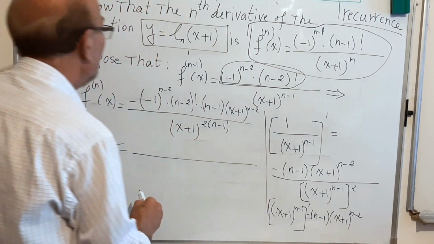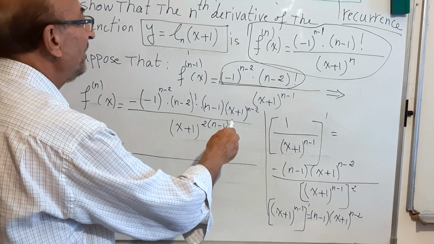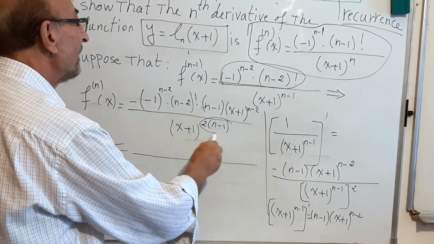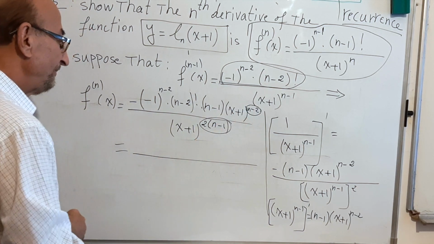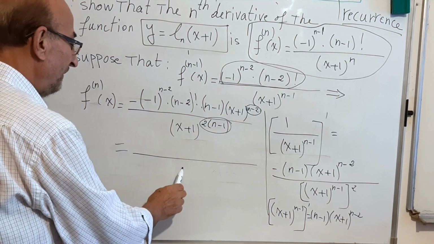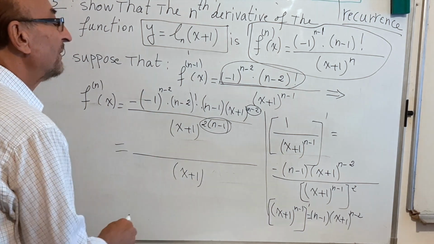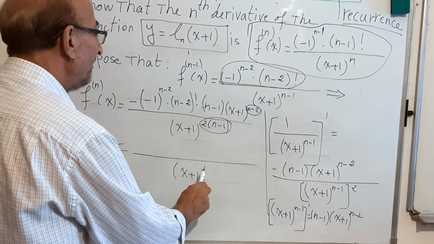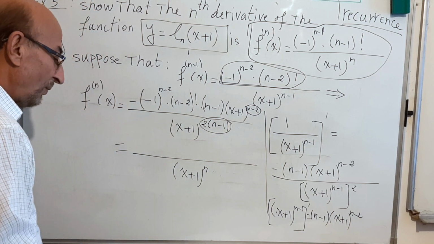Finally, we can simplify the powers of x plus 1 to obtain x plus 1 to the power 2n minus n, which is n, and minus 2 plus 2, which is 0.